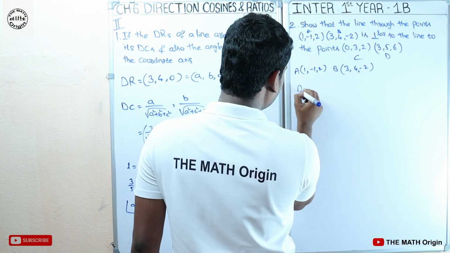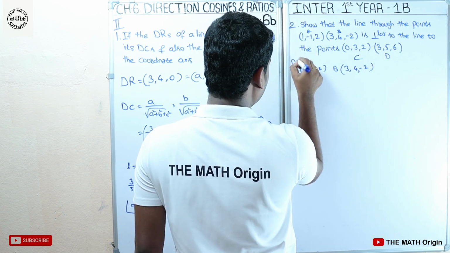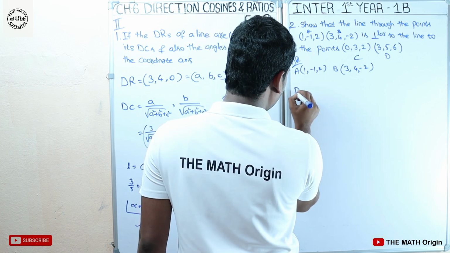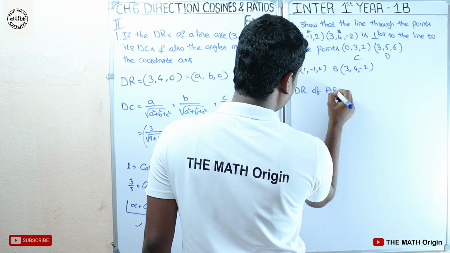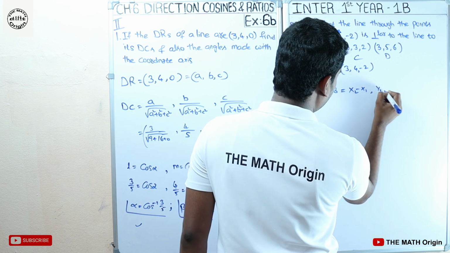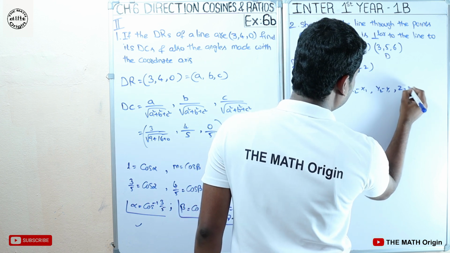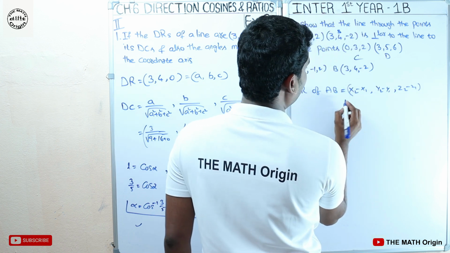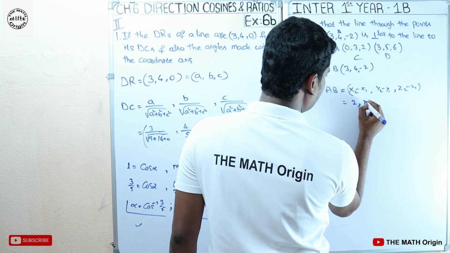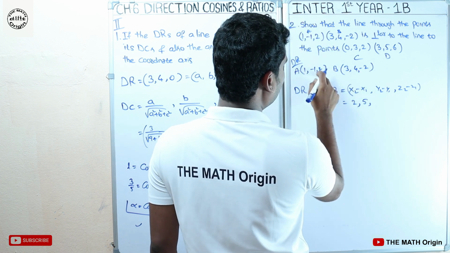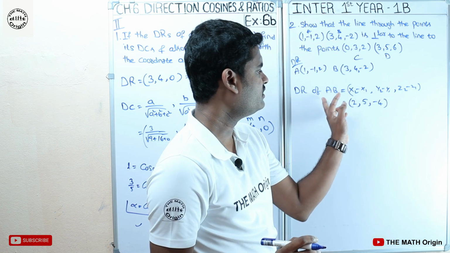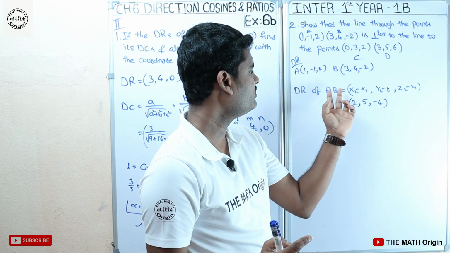The direction ratios of AB are given by the formula x2 minus x1, comma y2 minus y1, comma z2 minus z1, which equals 3 minus 1 is 2, 4 minus of minus 1 is 5, minus 2 minus 2 is minus 4. These are the direction ratios of the line through the 2 points.